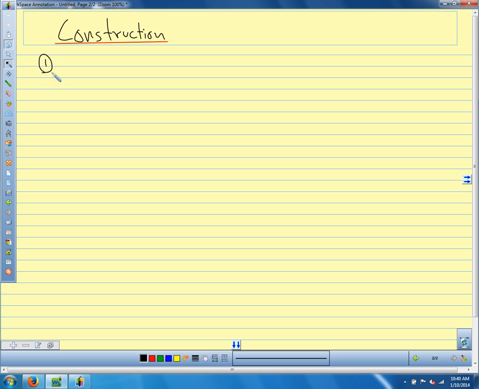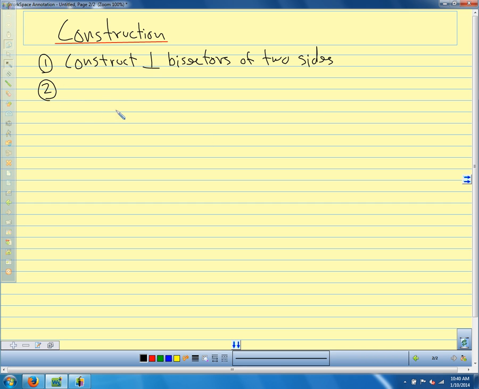I'm going to write down our steps. So to construct the circumscribed circle, we're going to construct perpendicular bisectors to 2 sides. Those 2 perpendicular bisectors are going to meet at the circumcenter.